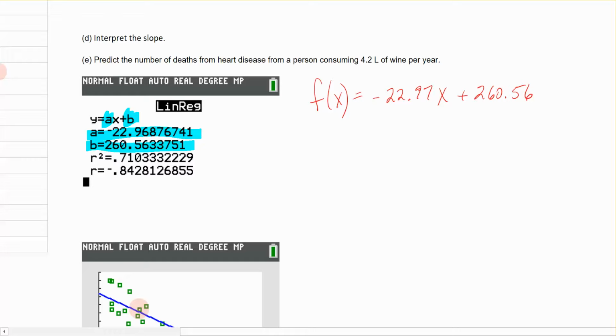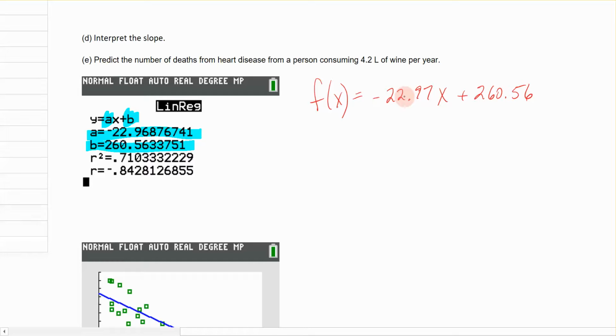Then what do we do with the slope? How can we interpret the slope? A lot of times if you're doing something in the real world, if you were presenting this information to somebody, it's not enough to just say, well, the slope was negative 22.97. Pretend you're sitting in a boardroom and nobody has a clue what negative 22.97 means to them.